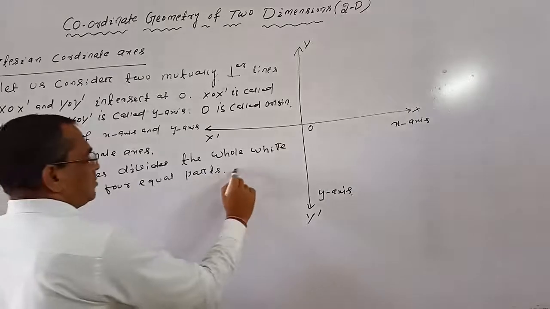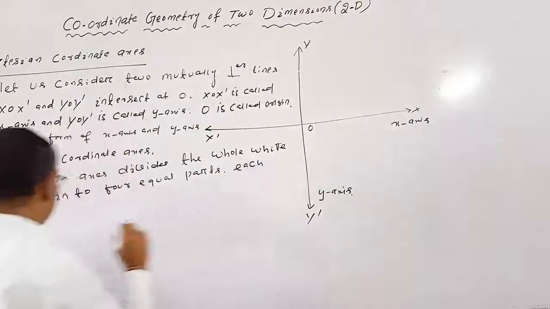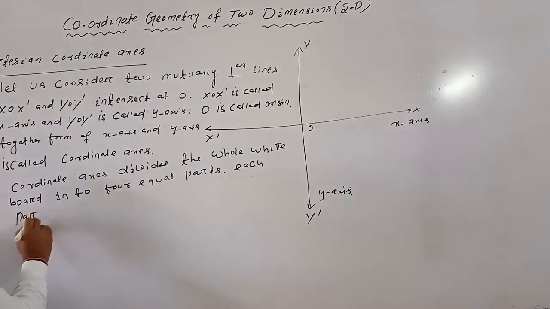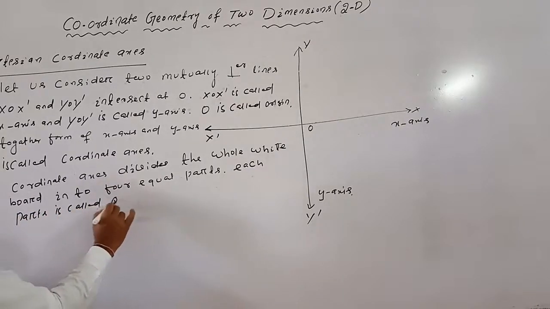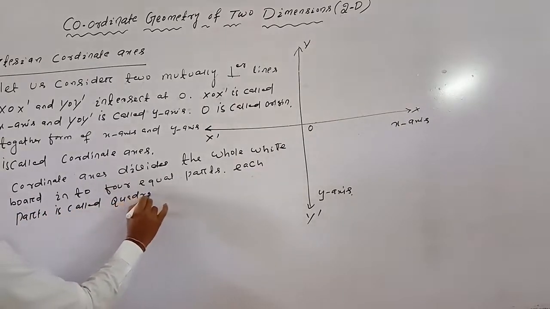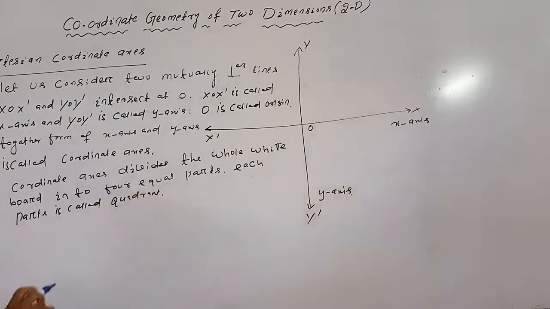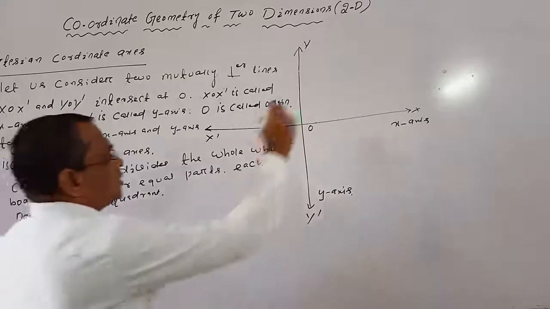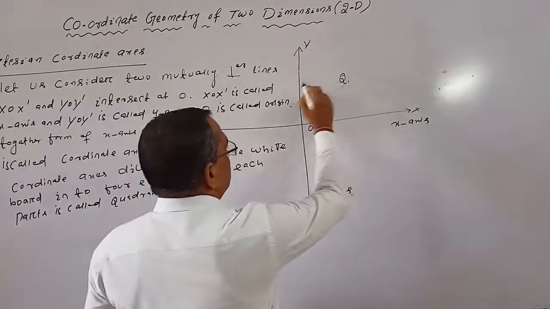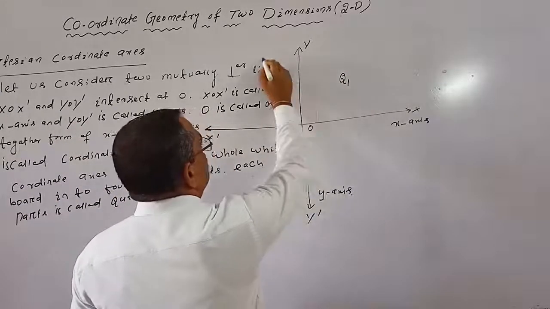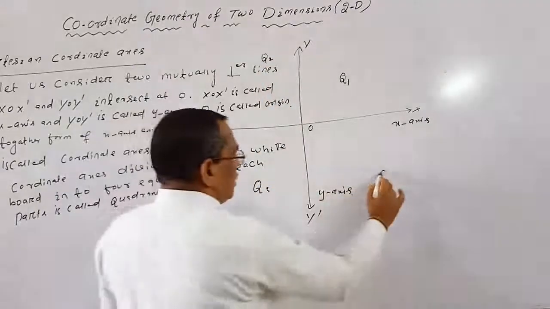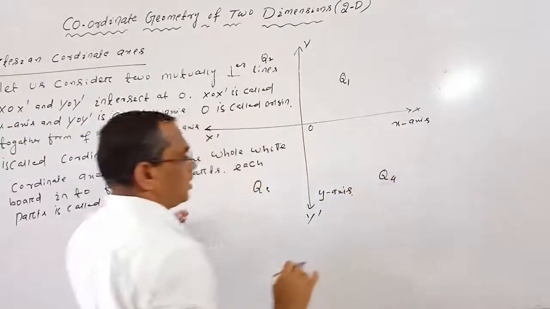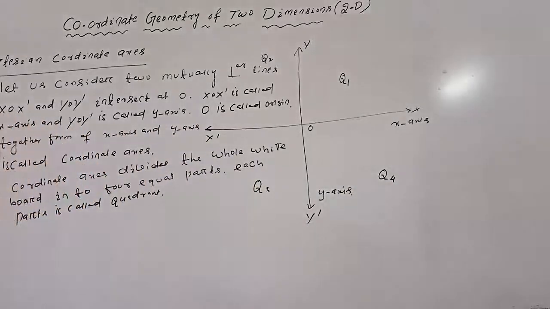Each part is called quadrant. Okay. So this is first quadrant and this one is second quadrant Q2, this is third quadrant Q3, and this is known as fourth quadrant Q4.